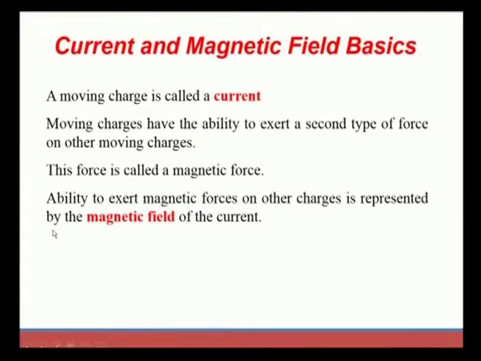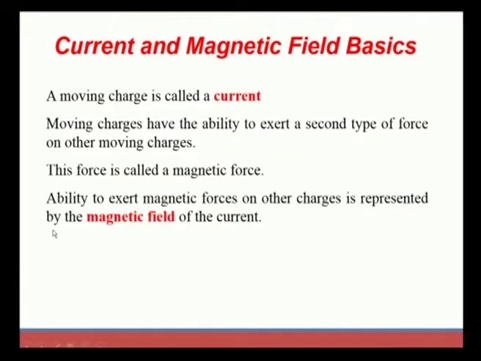Whenever current is flowing in a conductor, we can say that there will be a magnetic field around it, because a moving charge will always have the ability to exert force on a second charge. That is called the magnetic field or magnetic force, which is very important. Whenever current is there, we can assume the magnetic field will be present around the conductor.